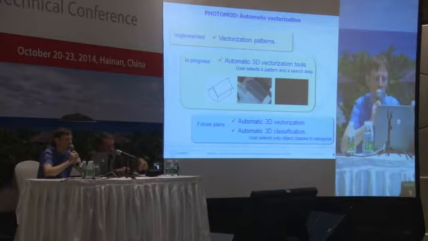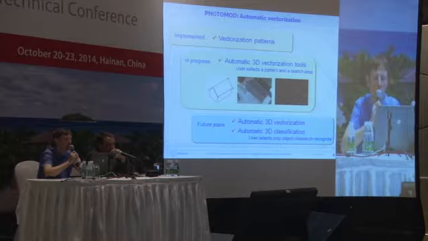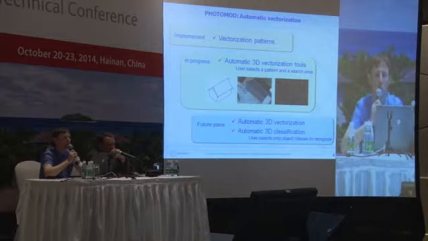First we'll prepare tools for automatic vectorization, where the user will still have to choose between different templates of objects that need to be identified. Also, they will have to specify the area of interest, and the software will automatically vectorize the objects in accordance with its specifications.